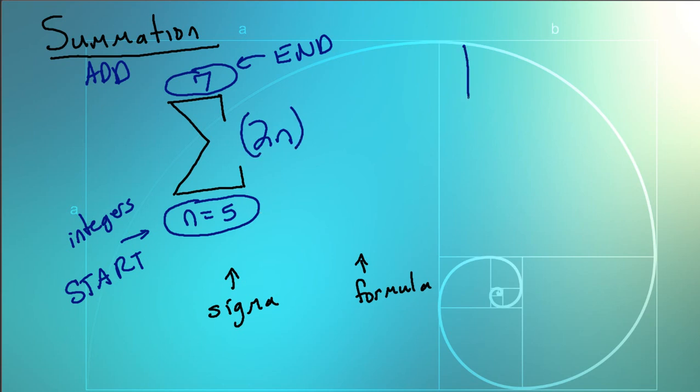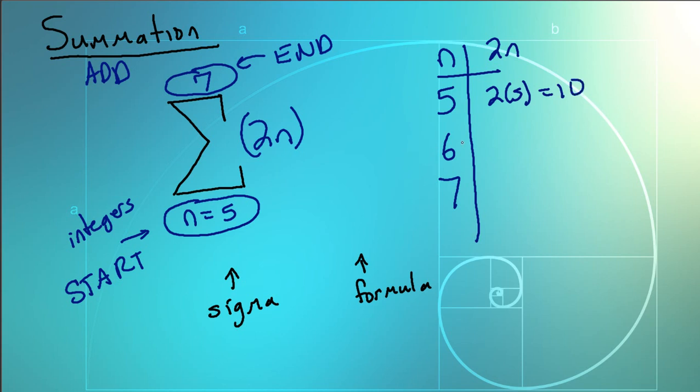So here's what I do. Now you don't have to make a table like I'm about to do, but I am going to go ahead and do it. I start at 5 and I go to 7. If I put in 5, that means I'm going to do 2 times 5, which gives me 10.